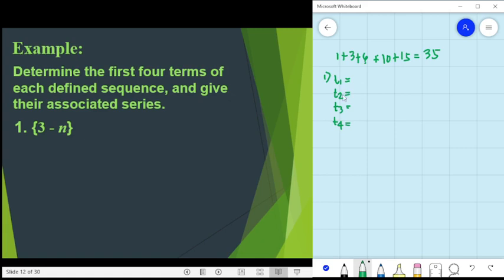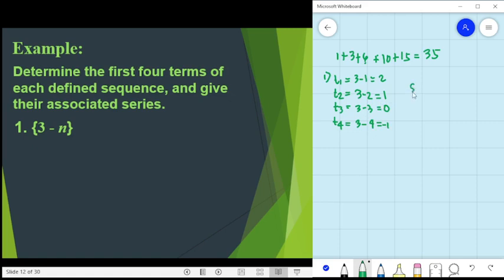So for t sub 1, our n is 1, so therefore 3 minus 1 equals 2. Then 3 minus 2 equals 1. Then 3 minus 3 equals 0. And 3 minus 4 equals negative 1.